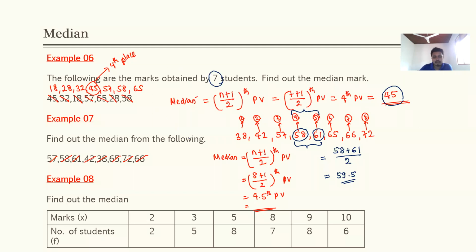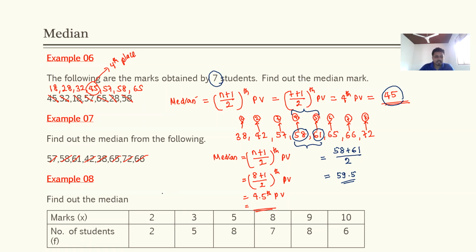When we are having even number of observations, ඉරට්ටේ සංඛ්‍යාවක් තියෙද්දි, then in such situations we need to get the value in the middle, right? So for example number 7, the answer should be 59.5.